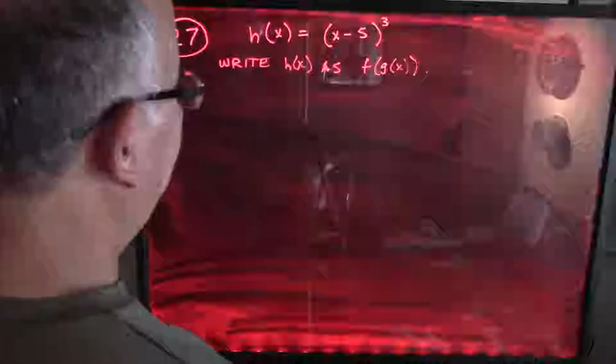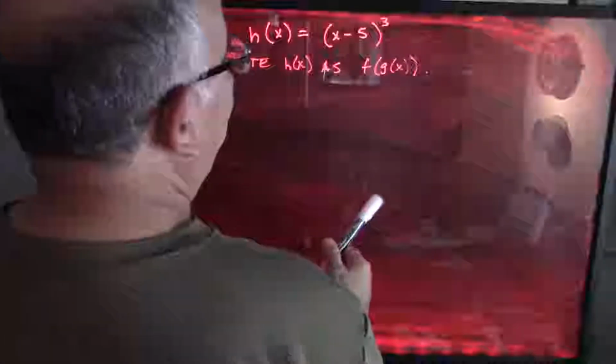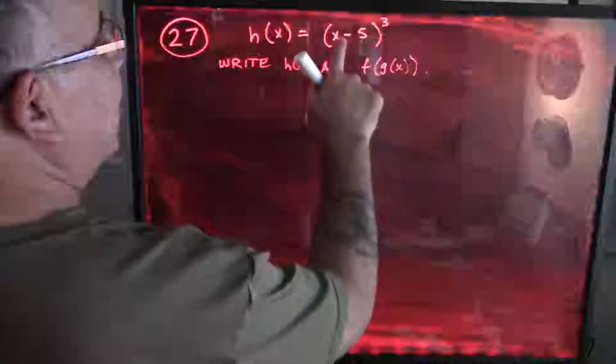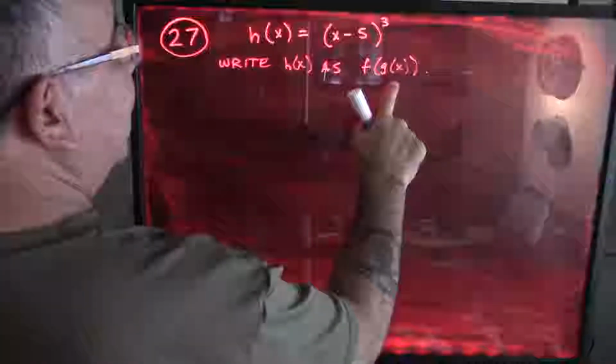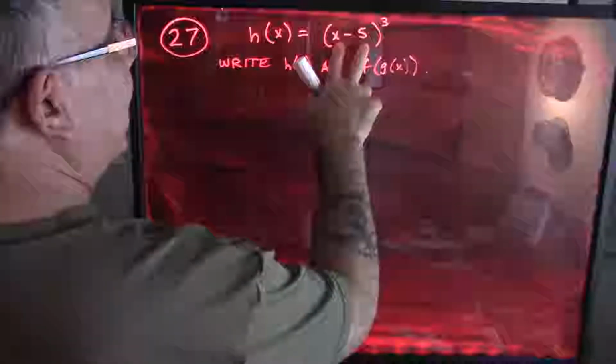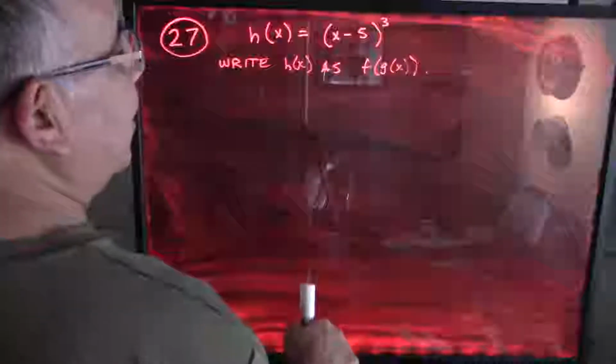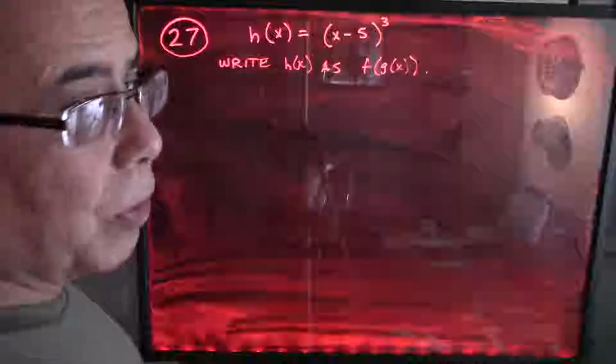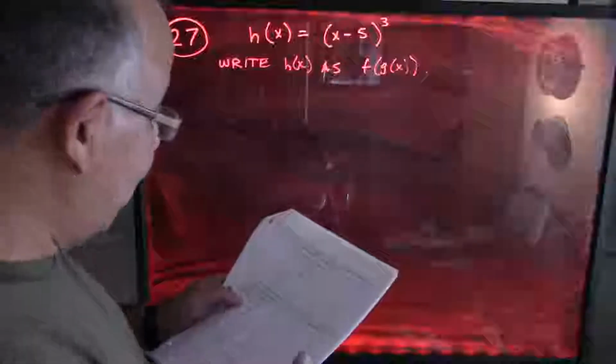Alright, so if g of x were equal to x minus 5 and f of x was x cubed, right? In other words, if you plug in x minus 5 into x cubed, you would get h of x, wouldn't you? Yeah. So that's one way of doing it.